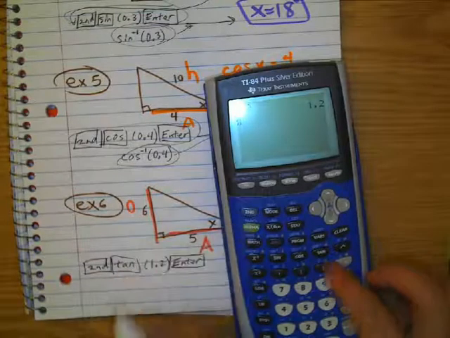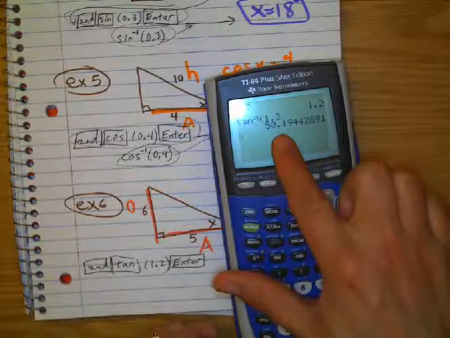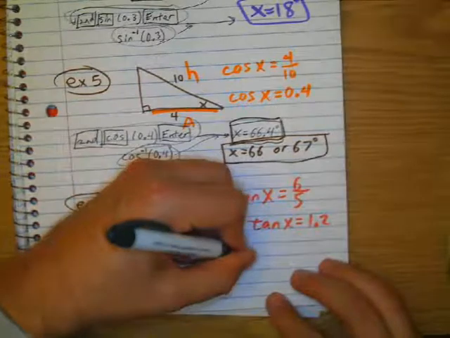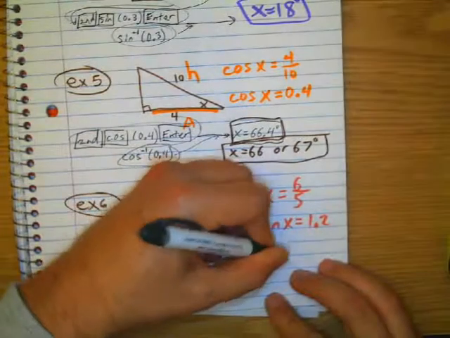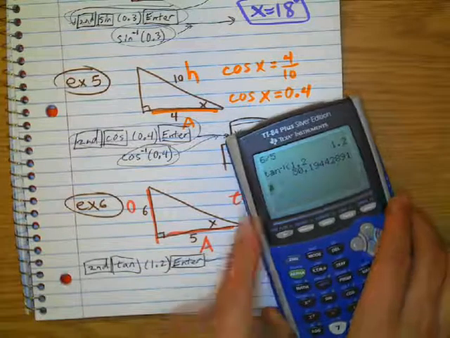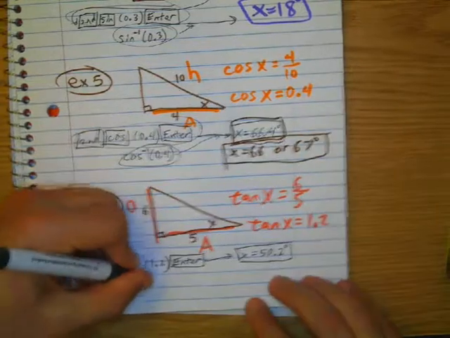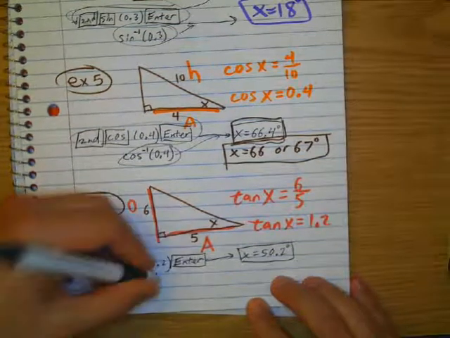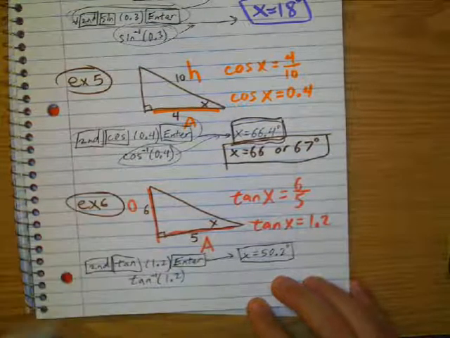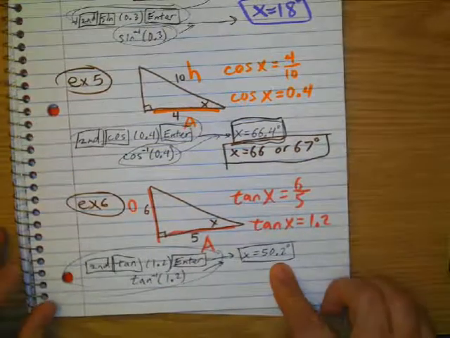Second tan 1.2, enter, and I'm going to get 50.2 degrees. Okay, and how does it look? It looks like tan with the little -1 power of 1.2, and this gives me my inverse function, which gets me the angle.